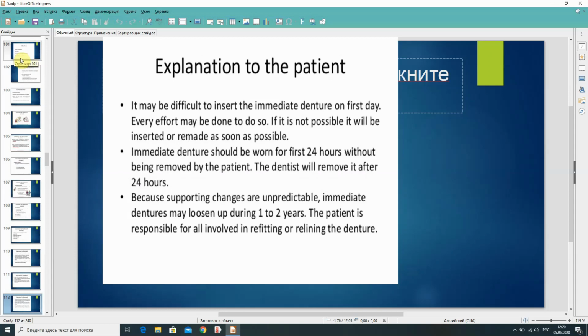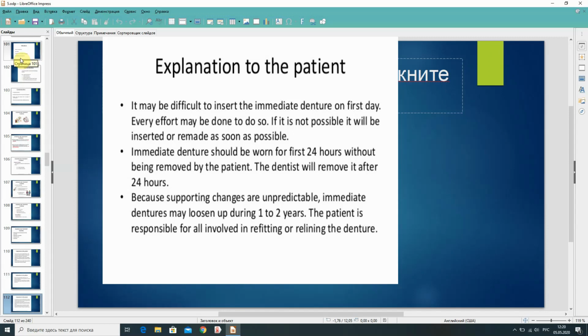Explanation to the patient. It may be difficult to insert the immediate denture on the first day. Every effort will be made to do so. If it is not possible, it will be inserted or remade as soon as possible. The immediate denture should be worn for the first 24 hours without being removed by the patient.